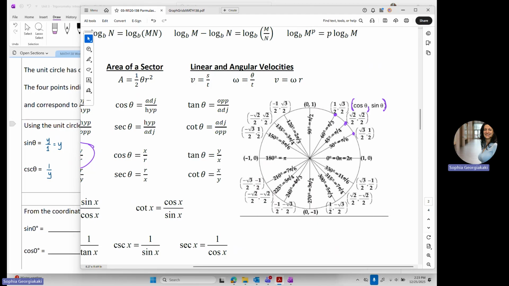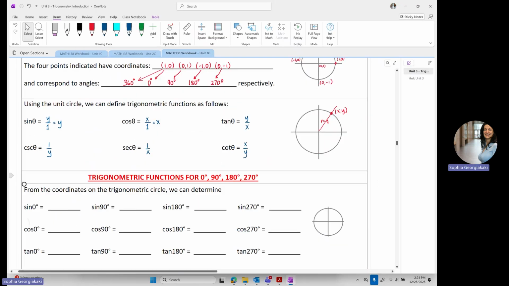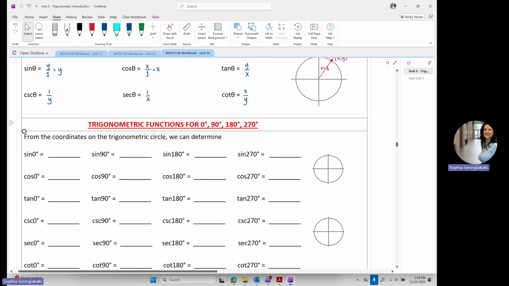And the reason that these coordinates correspond to the sine and the cosine is because the radius of the unit circle is equal to 1. You can also see on our packet these particular 4 key points corresponding to multiples of 90-degree rotations.